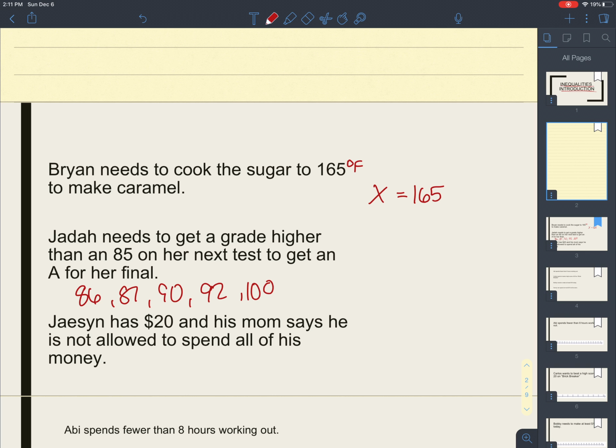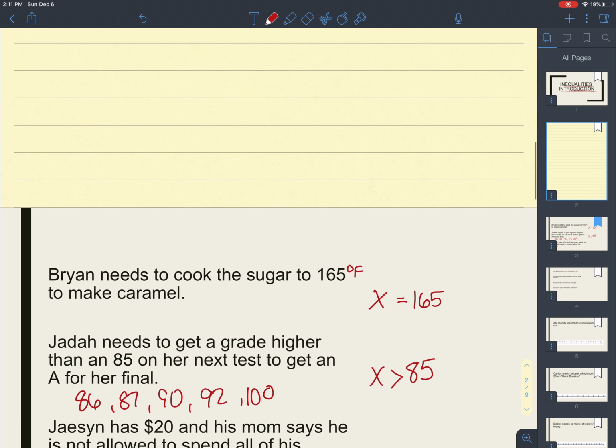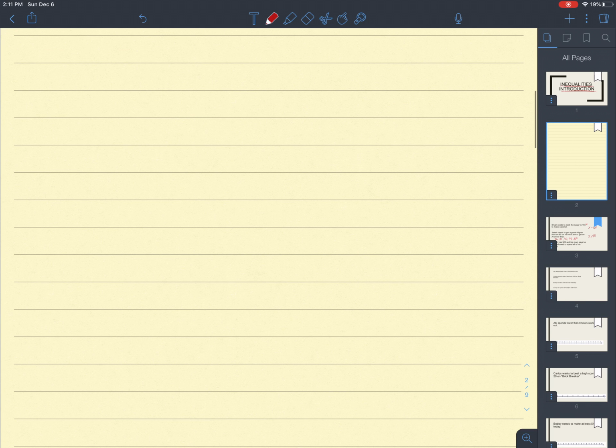So we can represent that by saying our number has to be bigger than 85. And the way we do that is with an inequality symbol, and it looks like this. If you remember, way back when you learned about inequalities in the past, inequalities have the greater than or less than symbol, which looks like this is our greater than symbol.